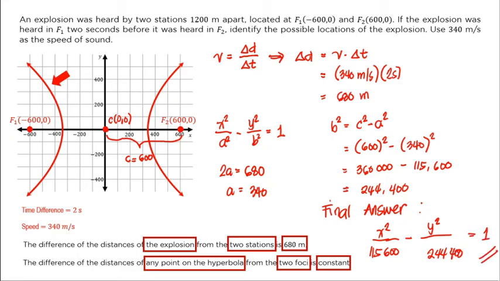Thus, the possible locations of the explosion is anywhere along the hyperbola described by this equation, x squared over 115,600 minus y squared over 244,400 equal to 1, restricted on the left branch. Okay? So that is the answer for this problem.